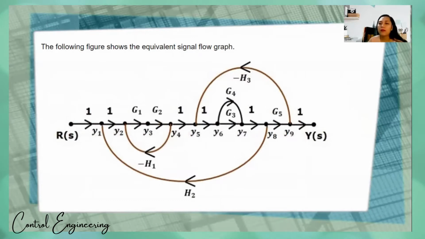Then basta yung mga lines na kailangan, tapos i-connect. So actually much easier din itong signal flow graph. So that's it. Actually, that's it for the block diagram and the signal flow graph.